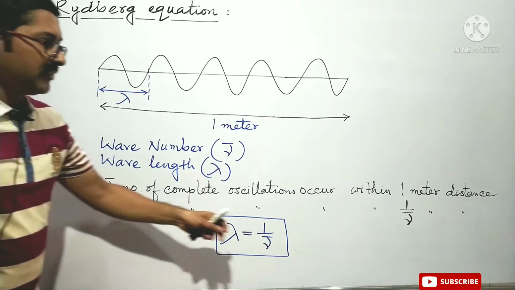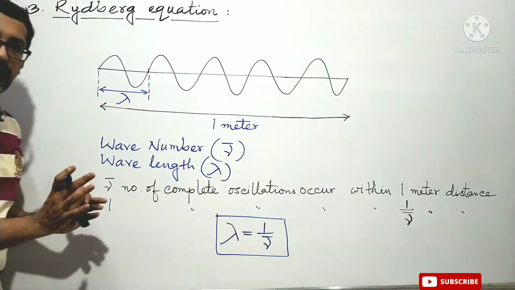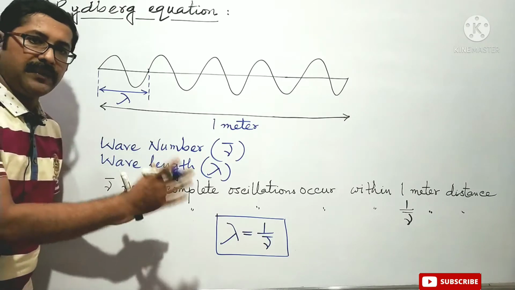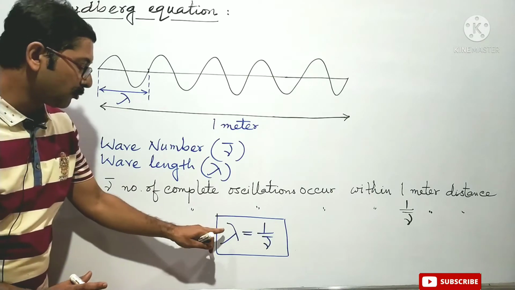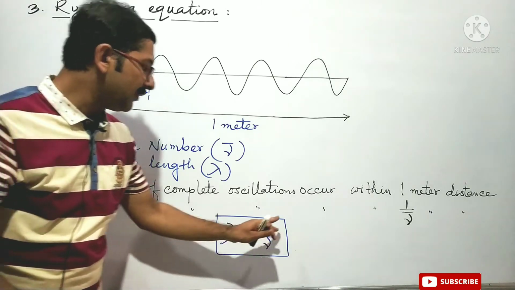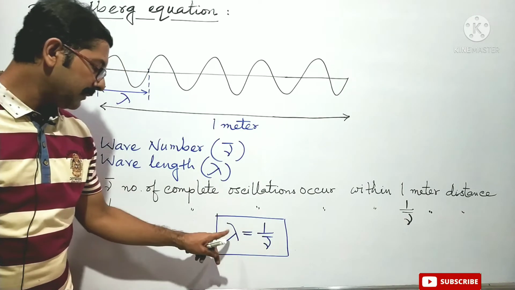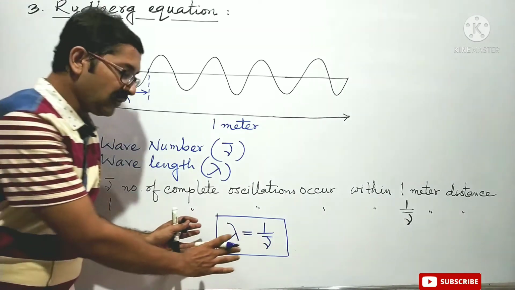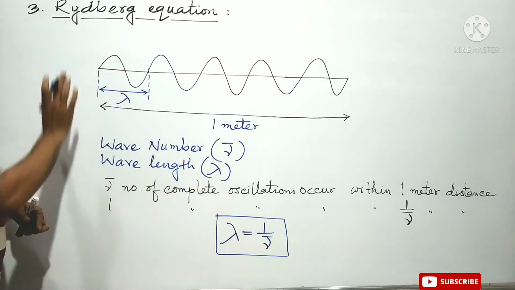One complete oscillation occurs within 1 by nu bar meter distance, and the distance traveled by the wave during its one complete oscillation is known as wavelength. So simply 1 by nu bar equals lambda. It is the relation between wavelength and wave number. This relation will be necessary for the derivation of the Rydberg equation.